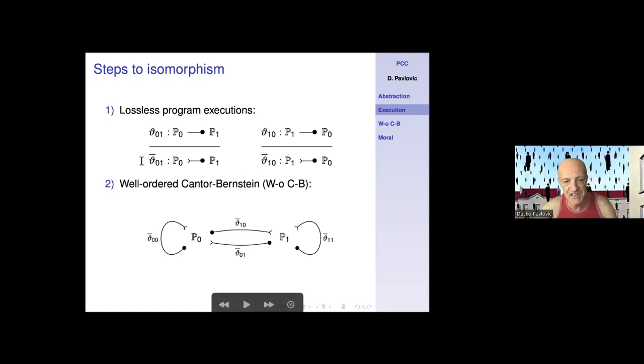So the first step will be to encode in the signature, in the monoidal signature of the program-closed category, the lossless program executions, where the simulations of programming languages in each other are injective and monotone with respect to the well ordering of programming language.